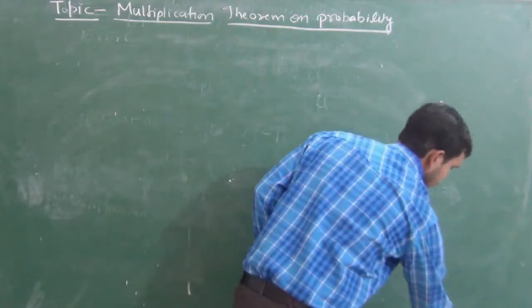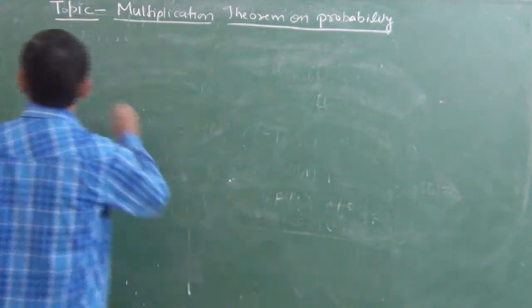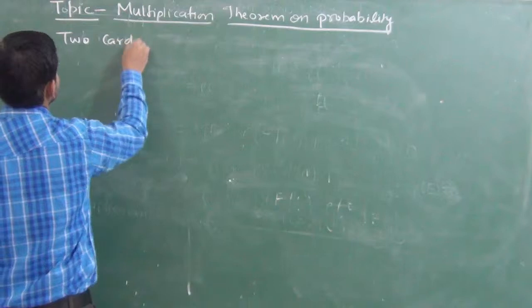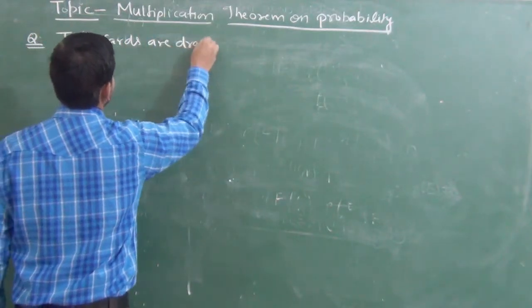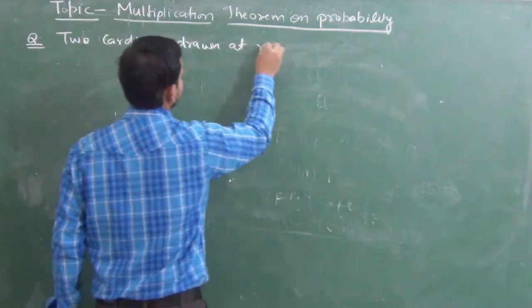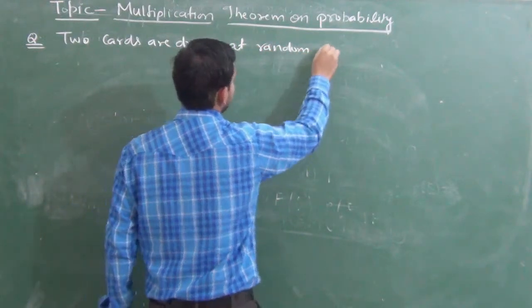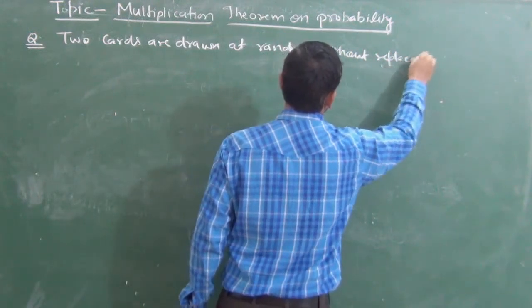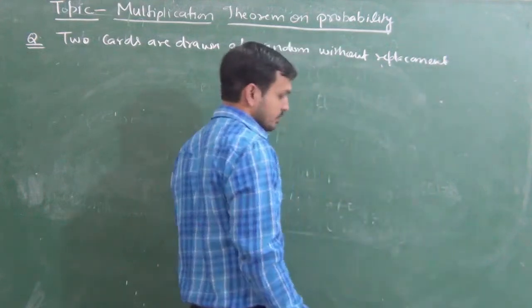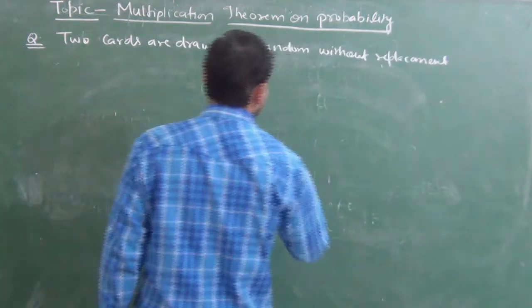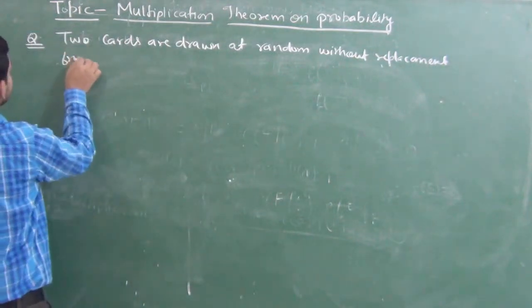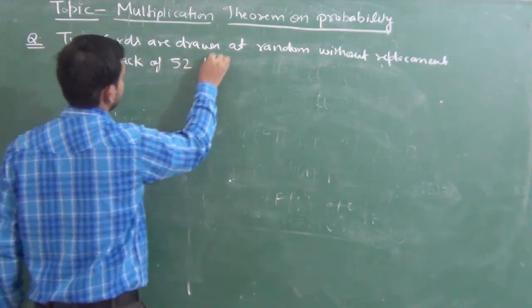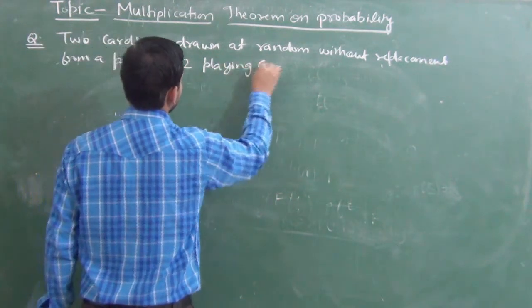So the first question is, two cards are drawn at random without replacement from a pack of 52 playing cards.